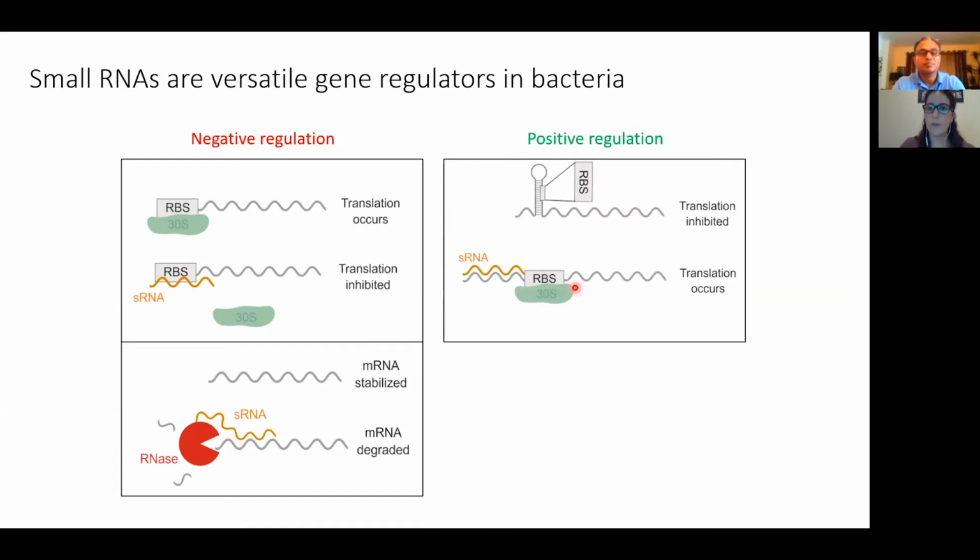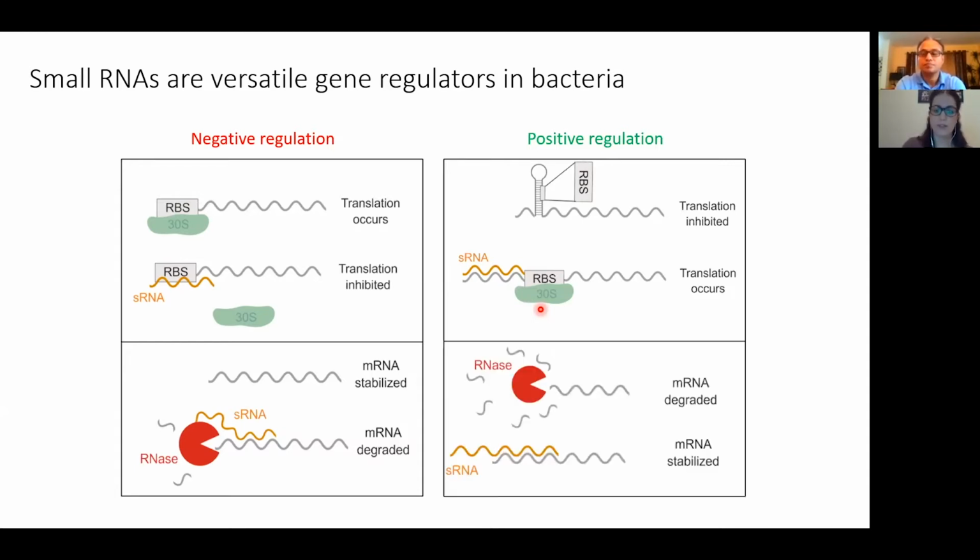In terms of positive regulation, and going back to the translation example, if an mRNA has its RBS occluded by secondary structure, base pairing with the sRNA, typically at the 5' UTR of the transcript, can help reveal that structure and allow the RBS to become available for interaction with the 30S subunit of the ribosome and allow translation to take place.